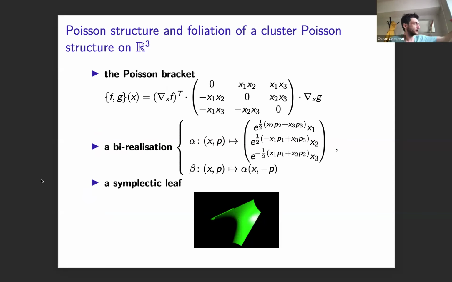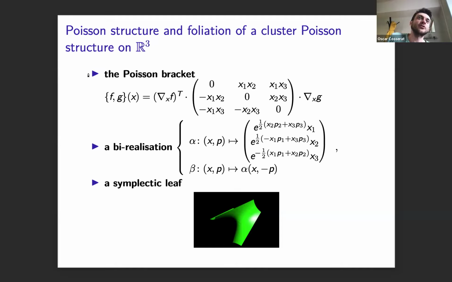Remember that we had the Poisson structure coming from the symplectic form, the Lie-Poisson structure, which is a linear Poisson structure, and an example of a quadratic Poisson structure called the cluster Poisson structure.